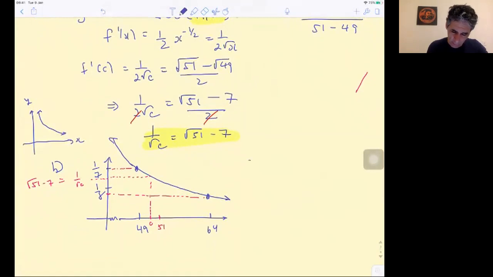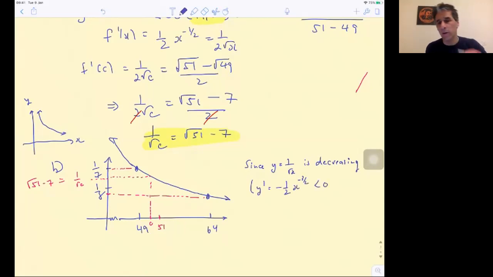Anyways, since, how are we going to write this up? We're going to say since y is 1 over the square root of x is decreasing, okay? If somebody didn't believe us that it was decreasing, well, we could just say the derivative is minus 1/2 x to the minus 3/2, and that's always less than 0 because x to the negative 3/2 is positive, okay?